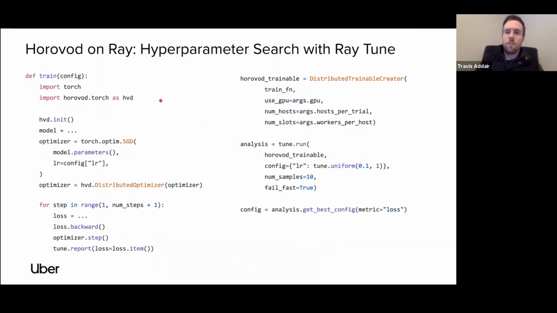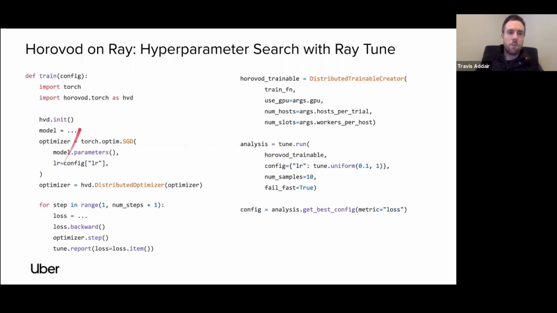Now, another interesting feature that has been recently added to RayTune is Horovod for hyperparameter search integration. So here's an example showing this API, now with a different color, so you know that we're looking at a slightly different use case here, looking at hyperparameter search in RayTune. You have a training function that takes a configuration where your config defines what your learning rate is in this example.